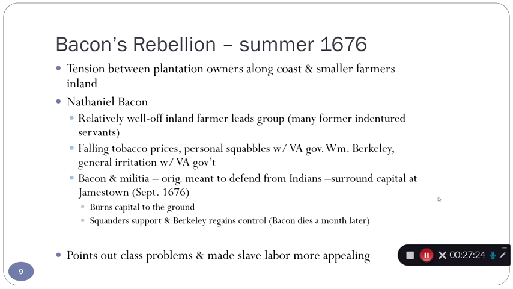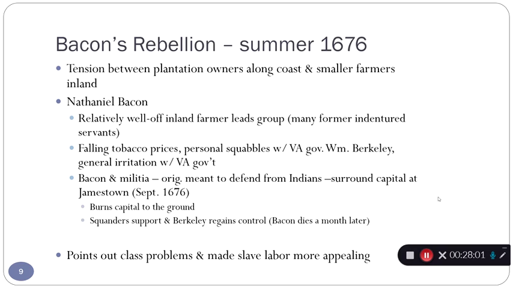But slavery doesn't really seem to be the solution until after an event in the summer of 1676 called Bacon's Rebellion. Bacon's Rebellion happens when a man named Nathaniel Bacon, who was a former indentured servant, manages to kind of make good in the frontier of Virginia, leads a group of other former indentured servants against the Virginia government, the colonial government.